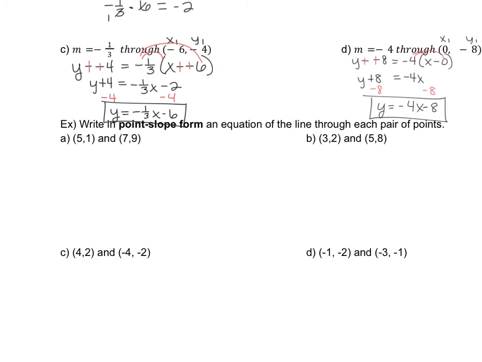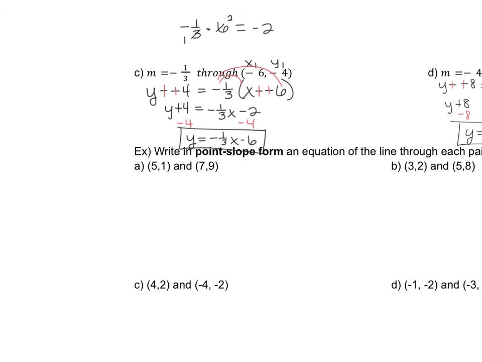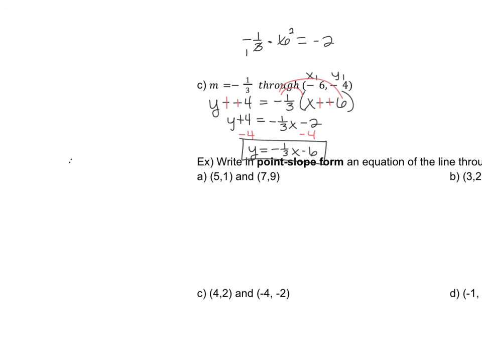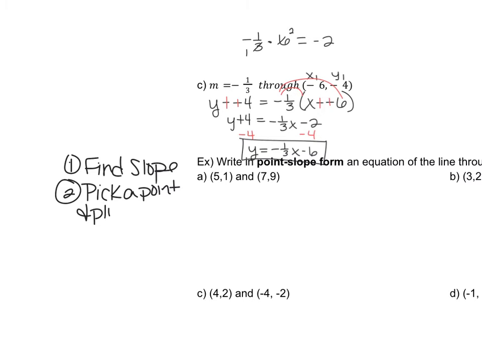So first thing we need to do is find out what the slope is. So first, find slope. Okay. Second thing you need to do is pick a point, doesn't matter which one, and plug it in to point slope.